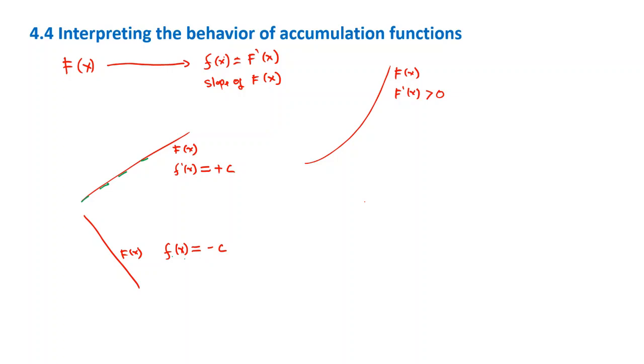And you see that as it goes up, the slope is getting bigger. This is the slope at this point, at this point, and at this point. So apart from being positive, it is also increasing. When f'(x) is increasing, it means that f(x) is concave up.